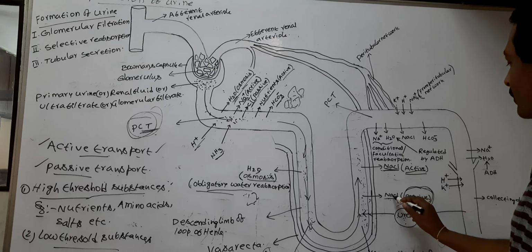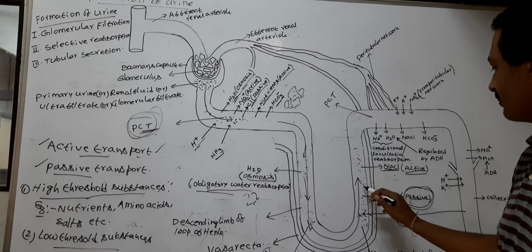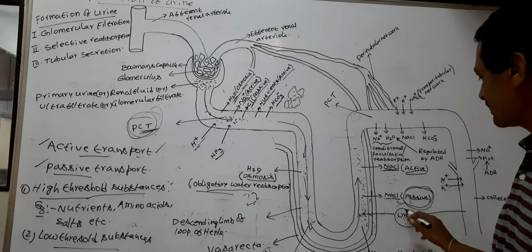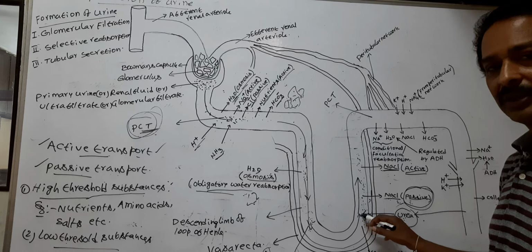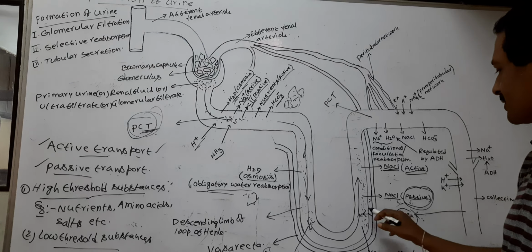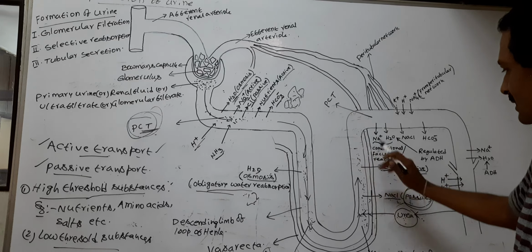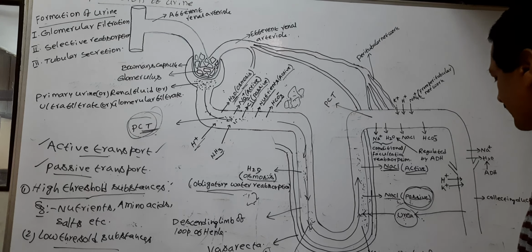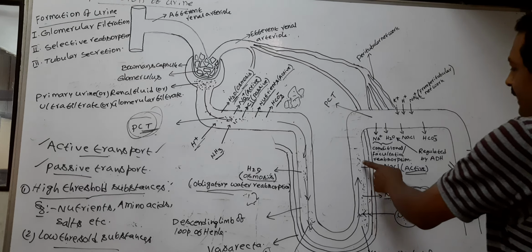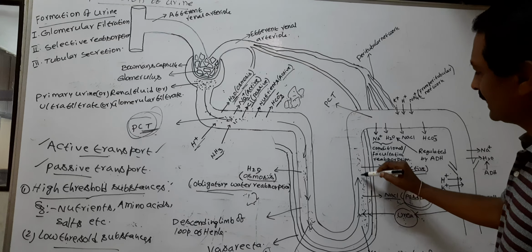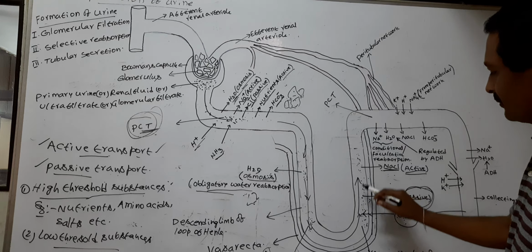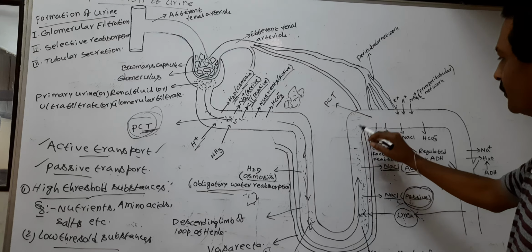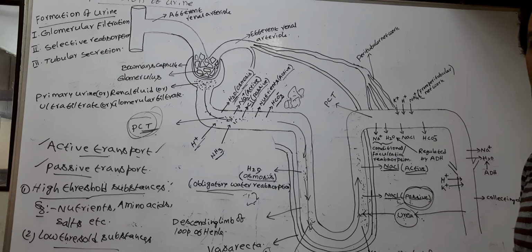So sodium chloride is reabsorbed from primary urine into medullary interstitial fluid and urea is secreted into primary urine from medullary interstitial fluid. This is the absorption and secretion in the ascending limb of loop of Henle. Next, the concentration is decreased in the ascending limb from proximal part to distal part due to loss of salts.